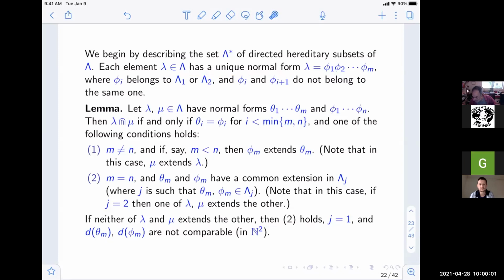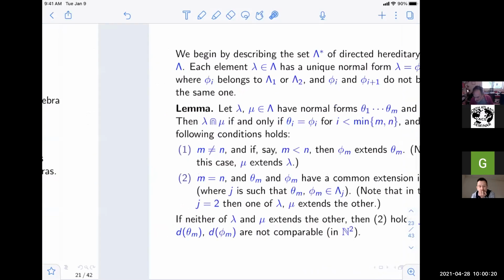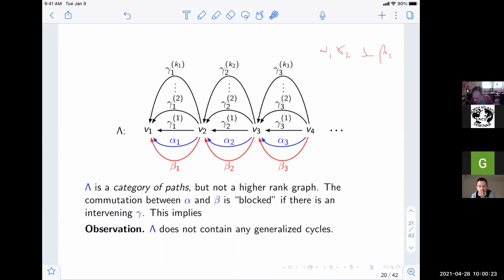So you can write it as a concatenation like this, where the elements are drawn from one or the other of your two pieces that you're amalgamating, and you do this in such a way that successive ones belong to the opposite piece. So let's just come back here for a moment. We might take a path in lambda 1, and then a path in lambda 2, then a path in lambda 1. And these pieces are uniquely determined.